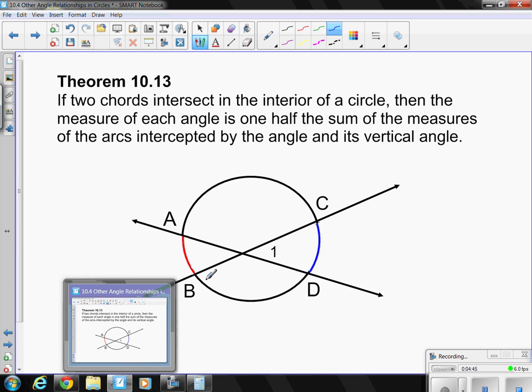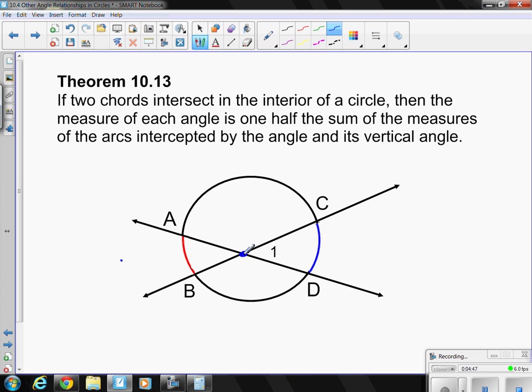So the first one is not a central angle, so this angle and this arc are not the same, but rather it's going to be 1/2 the sum of the measures of the arcs intercepted.